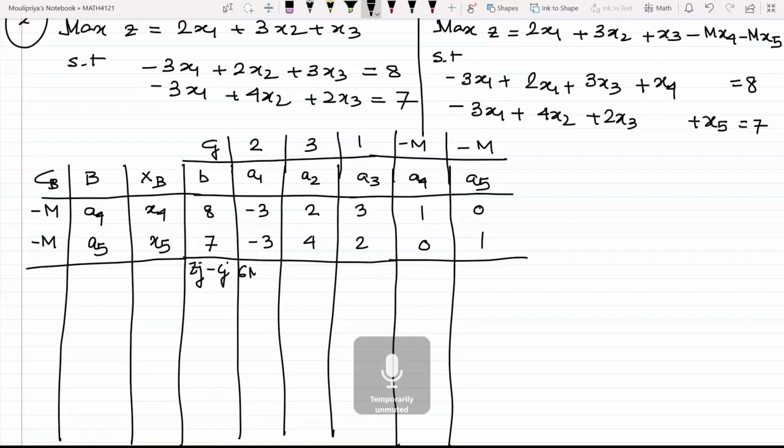M minus 2, Z2 minus C2, Z3 minus C3, then usual 0, 0.